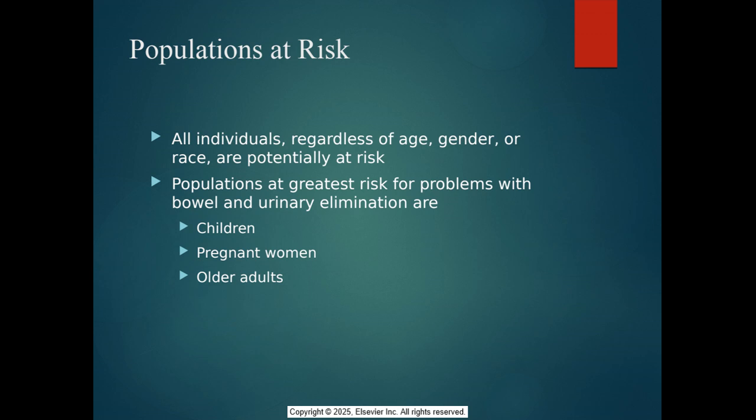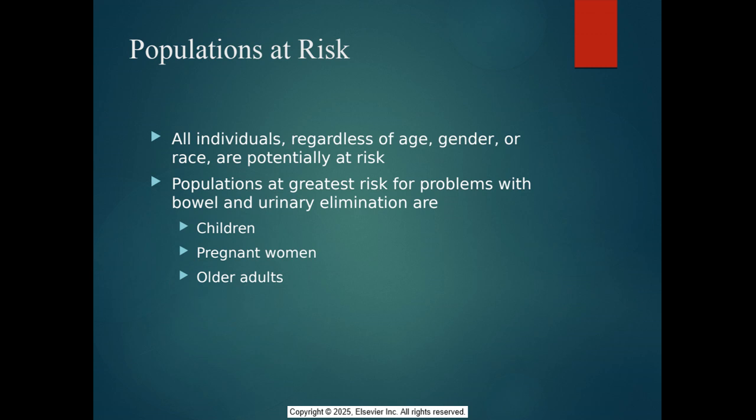Population at risk for urinary elimination issues usually is based on age, gender, and race. We talk specifically, for example, about benign prostate hypertrophy in older men. Women do not have prostates. Your prostate enlarges on the male side, and that affects urinary elimination.